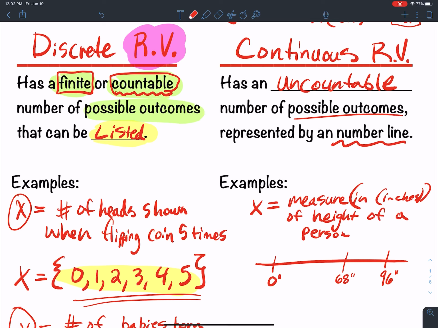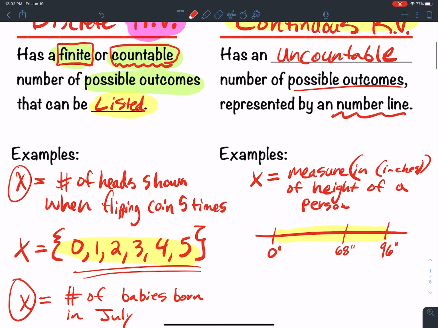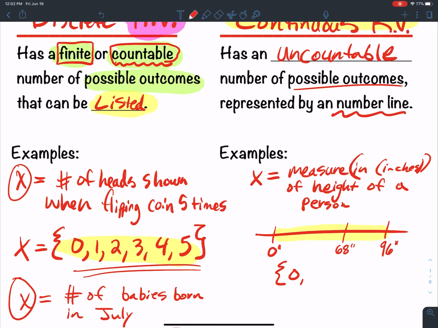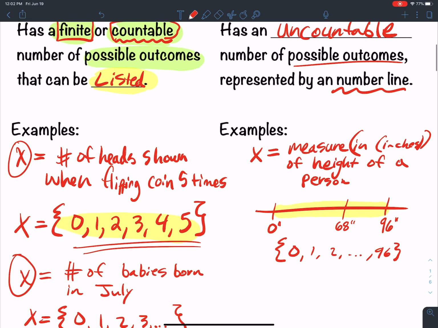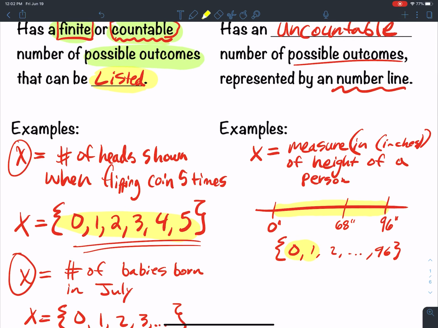Now, why is this a number line? Because you can be any height in between here and here. Why is this continuous, though, and not discrete? Because I can list this out, right? 0, 1, 2, all the way up to 96, right? But that's not all the numbers. There's even numbers between 0 and 1, aren't there? Well, what's between 0 and 1? 0.5? Is that the next number? No. You could have like 0.05, right?